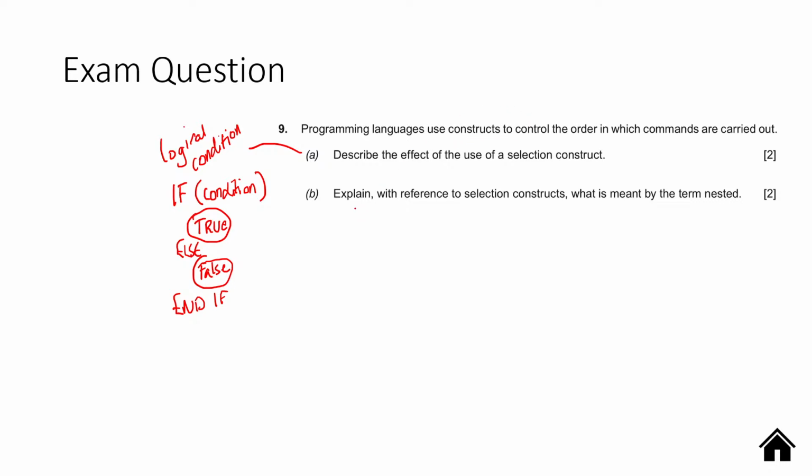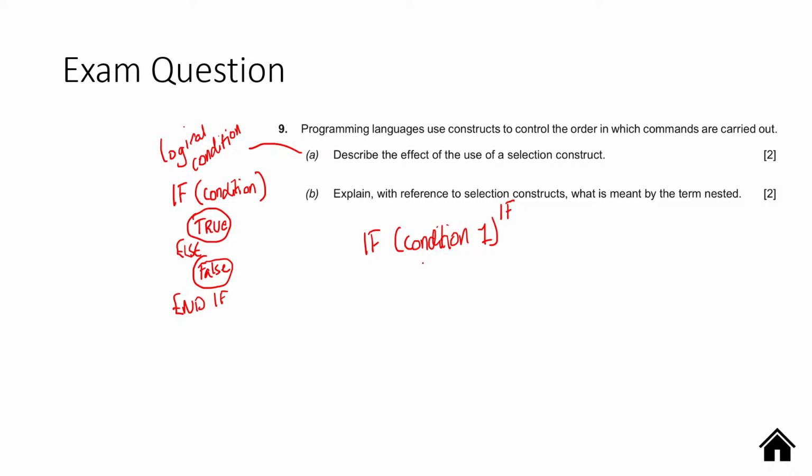Then it says explain with reference to selection constructs. So again, we're talking about if statements here. What is meant by the term nested? And because I've done this in the first question, I'd be very tempted again to do this. Now I'd say if the condition, I might put condition 1 there this time.